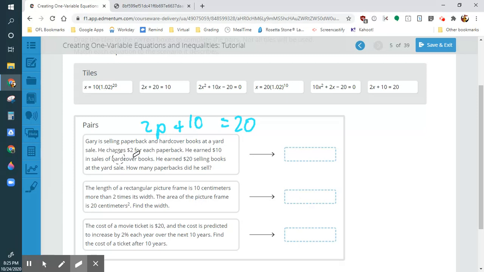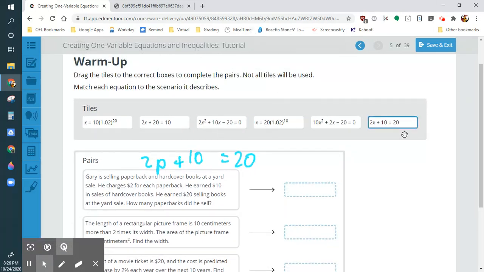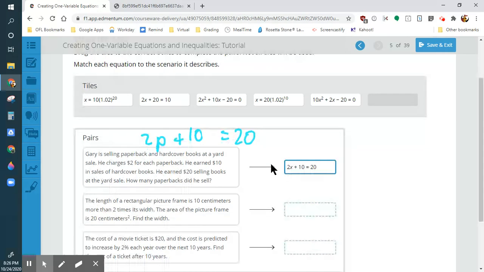You don't know how much he was selling all the books for, but you know the total. So you're going to set this up as 2 times the books plus 10 is equal to $20 overall. That's why you get this right here: 2x, in this case the paperbacks, plus $10.